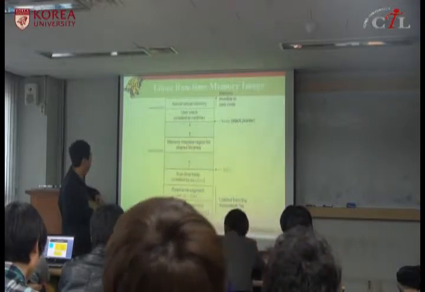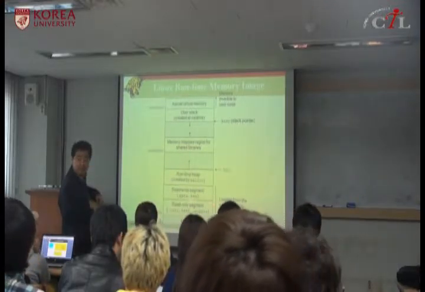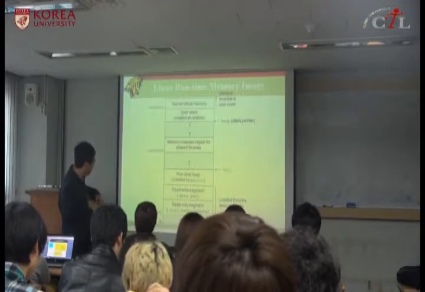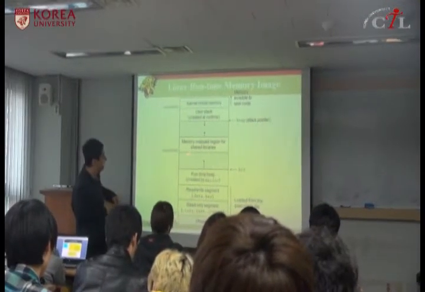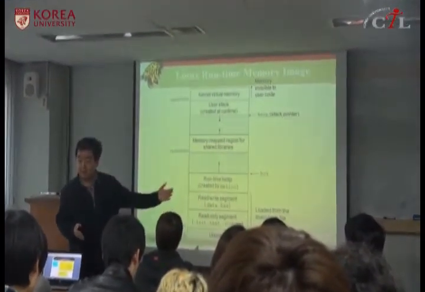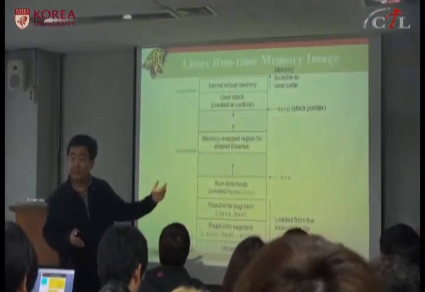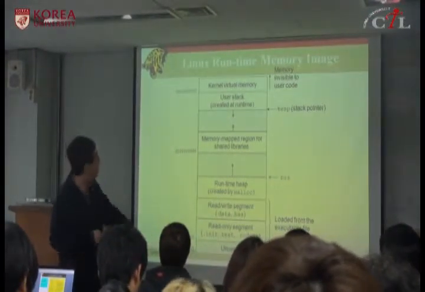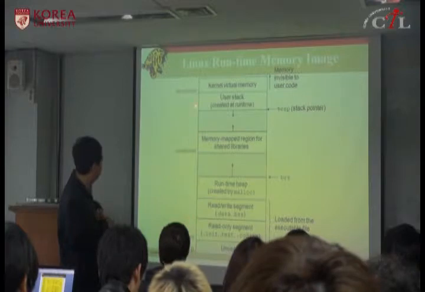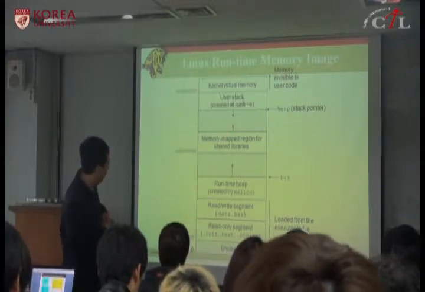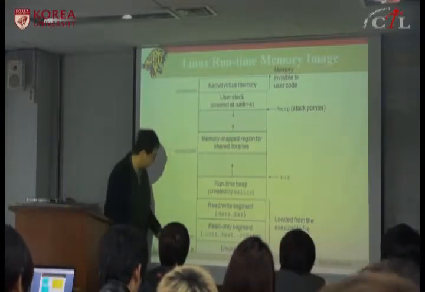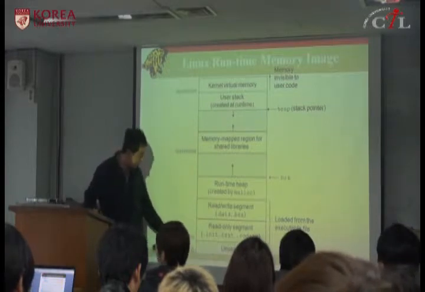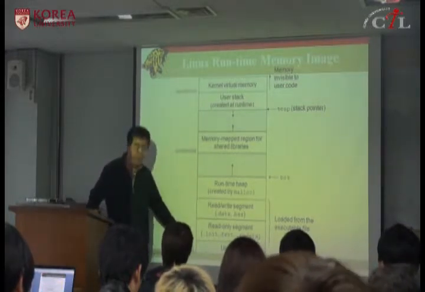All the code starts from this address. This is different from the Linux MIPS address space. This is the x86 address space, okay? This is user mode, this is kernel, and all the code starts here, at hexadecimal 08048000.